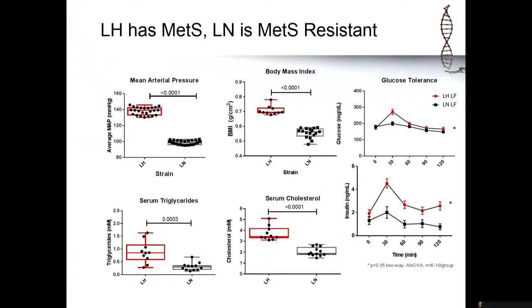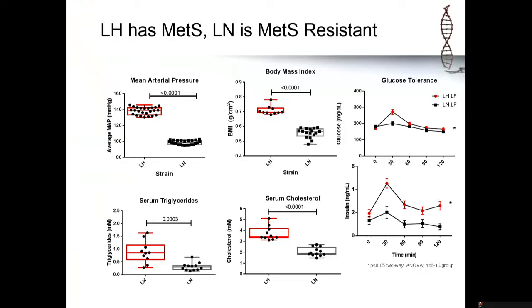But when these were being looked at, back in the late 60s, early 70s, and the group in Leon started characterizing these strains, they found out that they're not just spontaneously hypertensive. They really have full-blown metabolic syndrome. So the LH rats have spontaneous high blood pressure. You put them on salt, it gets worse.